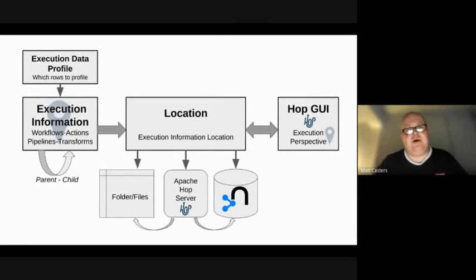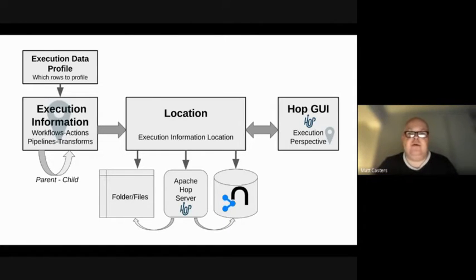And then we also have the ability to do remote. We have a remote execution information location, a little bit like you would have a remote pipeline run configuration, where you send everything to a hop server, which then delegates off to a folder or to Neo4j, or indeed off to another hop server, if that's the sort of thing that you fancy.